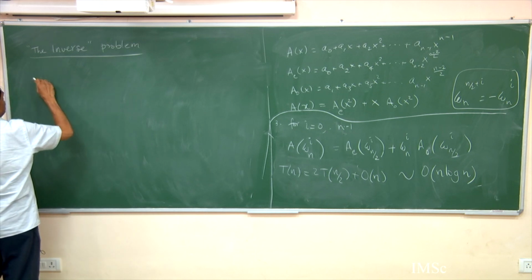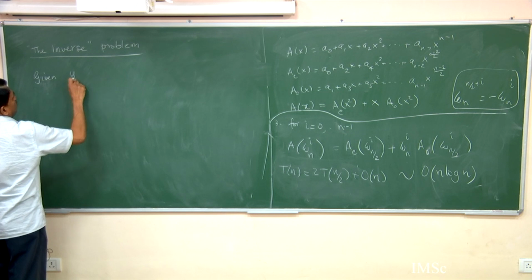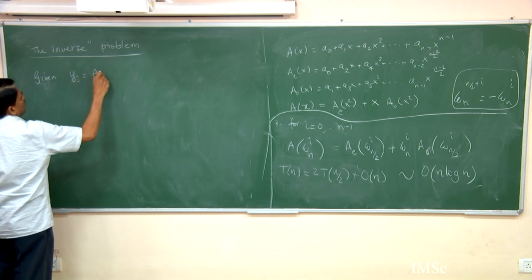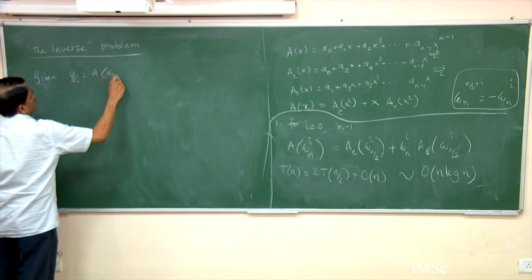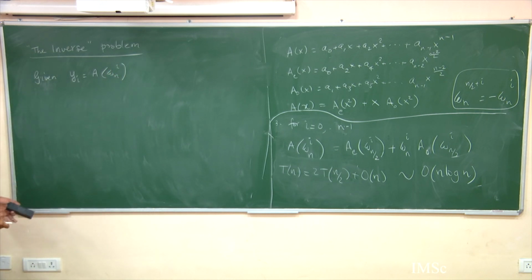Given y_i equal to A(ω^i), I have given you the values of these polynomials at these n different points.